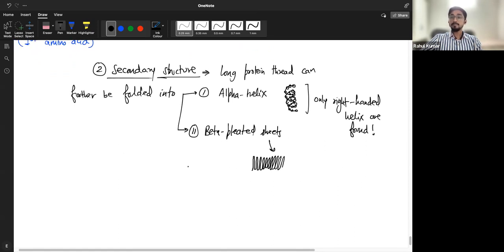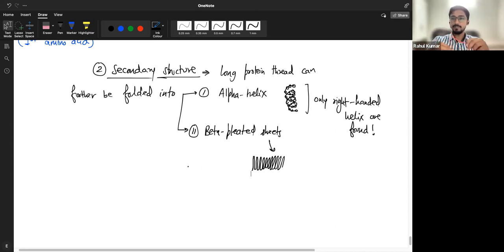In a protein structure, it is never the case that only alpha helix is there or only beta pleated sheets are there. Both are present in some proportion, because protein is a long chain. So again, I'll use the cable. It's a long cable.